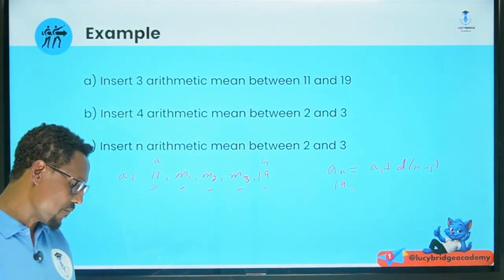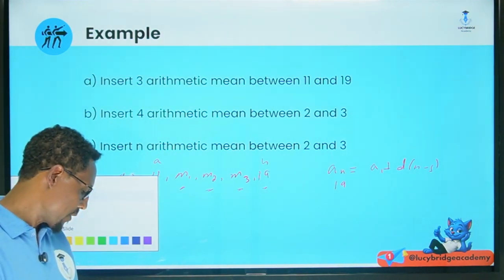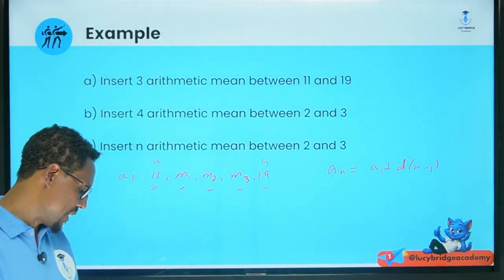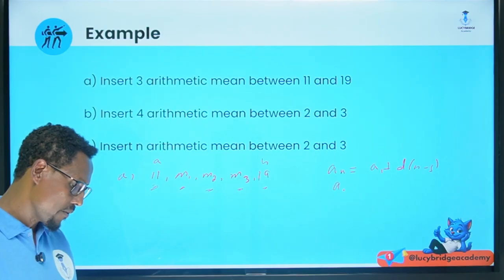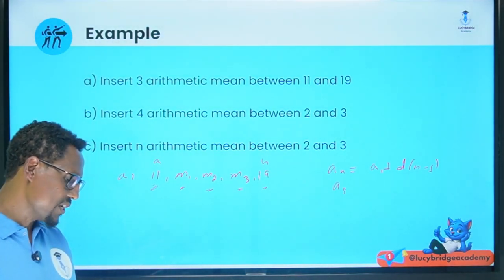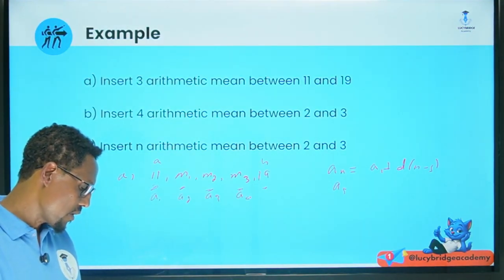So it is the 5th term, A5, which is 19. This is A1, A2, A3, A4, A5.